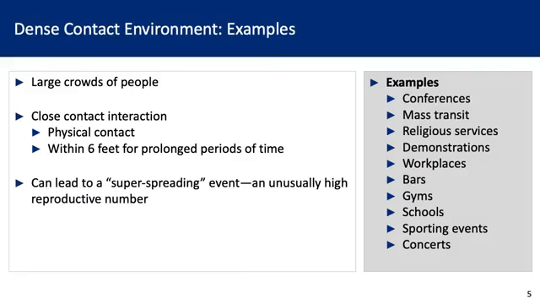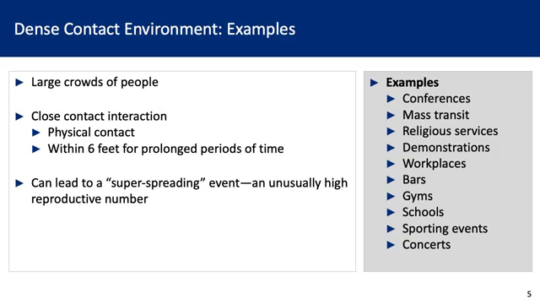Some examples of what those dense contact environments might be include conferences, as I mentioned, people who've spent a lot of time on mass transit. So maybe they took a flight or were on a train together for a long time. Religious services or demonstrations are another place where people often have close contact with many other people. The workplace environment could be another example.